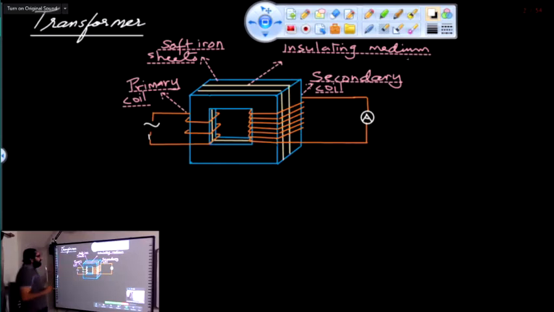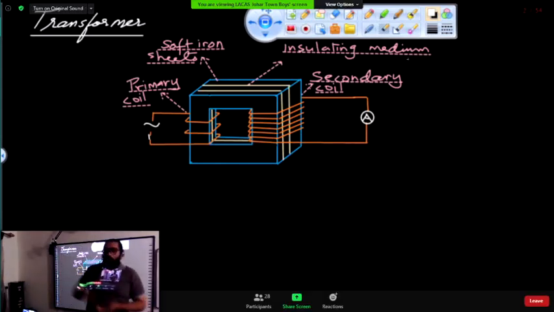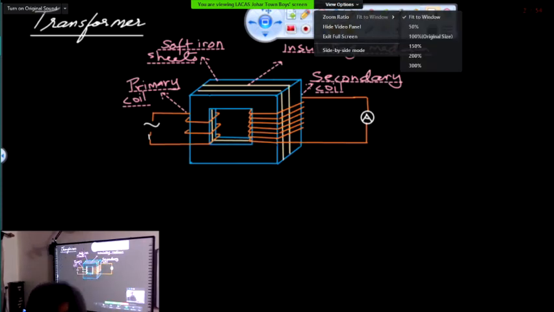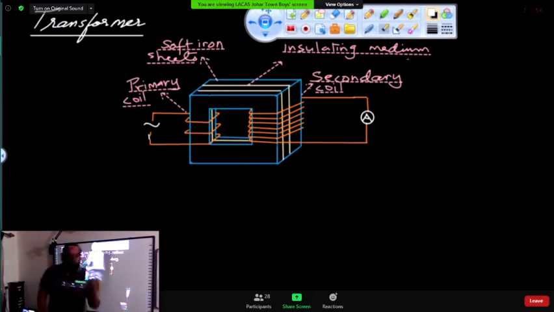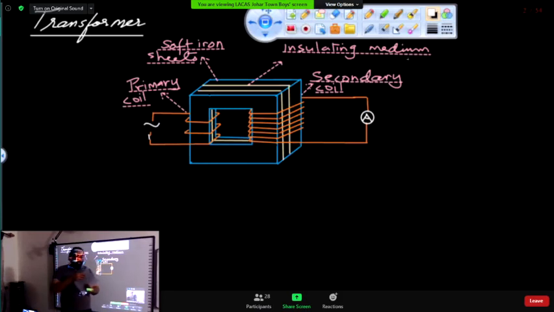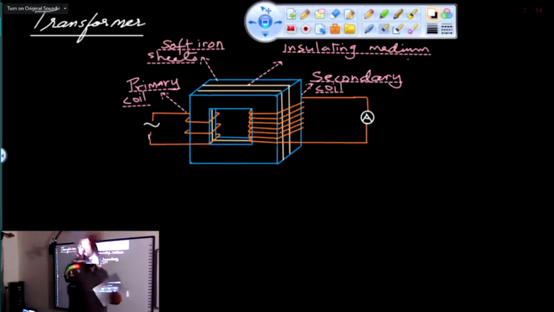See, a transformer is basically nothing else than sheets of soft iron. These sheets of soft iron are piled up together. That means they are stacked together one on another. It's just like that. I'll show you these papers. You can see that these are printable A4 size papers. This is one sheet of paper. You can see it in the camera.